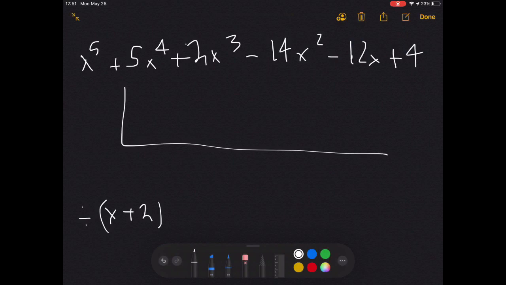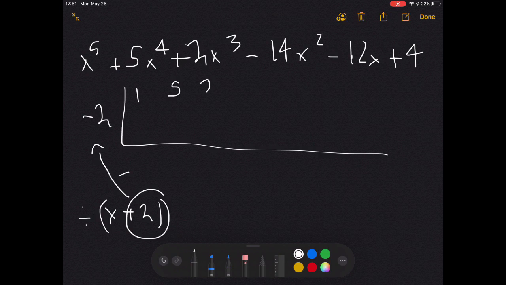In problem number 8, we have to use synthetic division to determine if this polynomial has a zero remainder when it's divided by x plus 2. First, we have to focus on the x plus 2 and use the negative and create this square and put the lead coefficients in a row so we can do synthetic division easily.